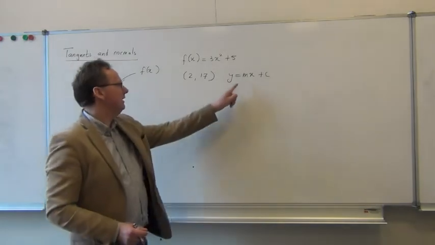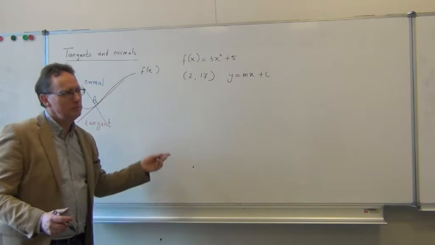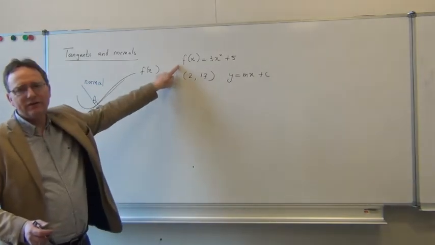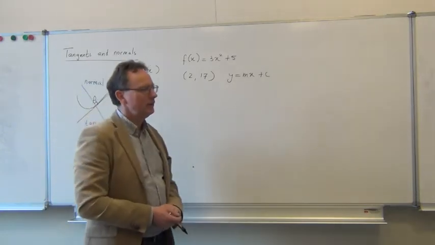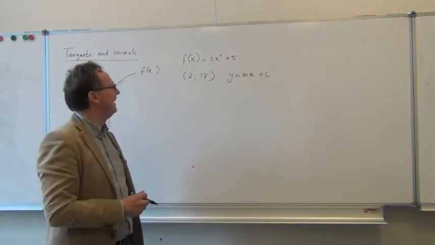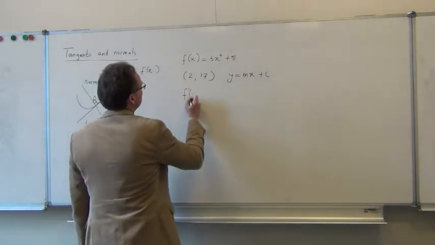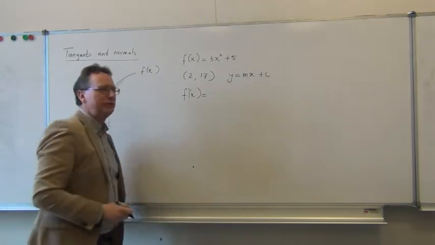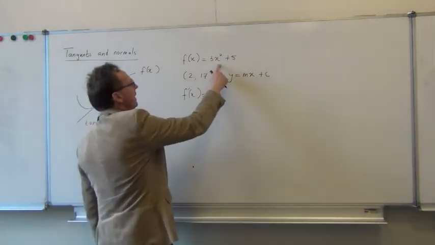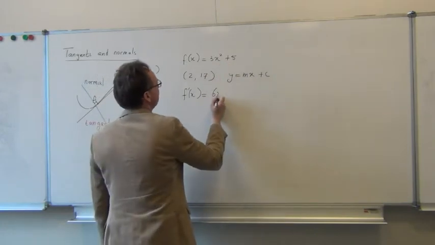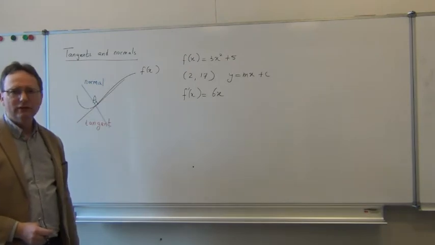Well, in this case it's easiest to start with the slope, because the slope can be found by looking at the derivative of f. Because the main application of the derivative is that it will give the slope at any point. So let's first write down the derivative. Using basic rules of differentiating, you can see that's 6x, 3 times 2x, and the 5 disappears, so we have 6x to be the formula for the derivative.